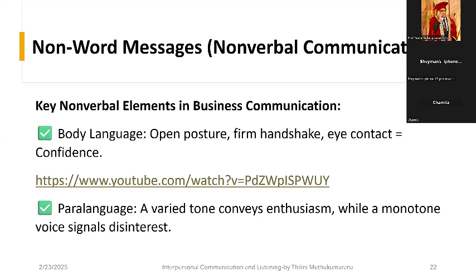First one is body language. You have seen these elements: open postures, the firm handshake, and eye contact. Mostly eye contact is very important because it shows your confidence, how you maintain your confidence, right?